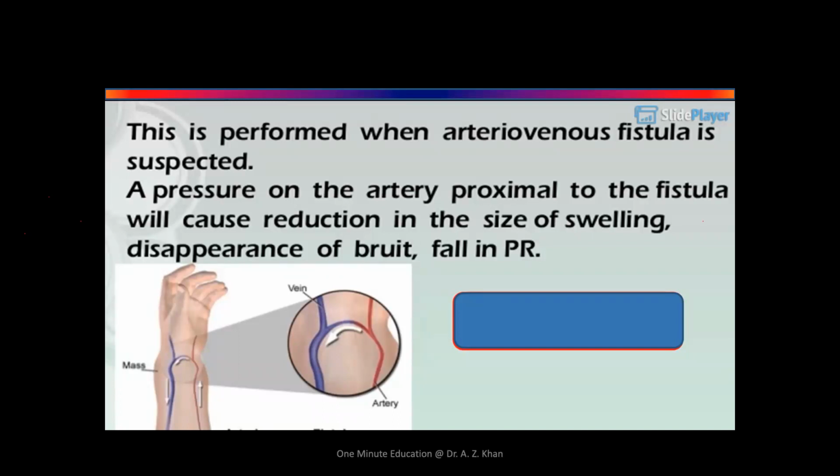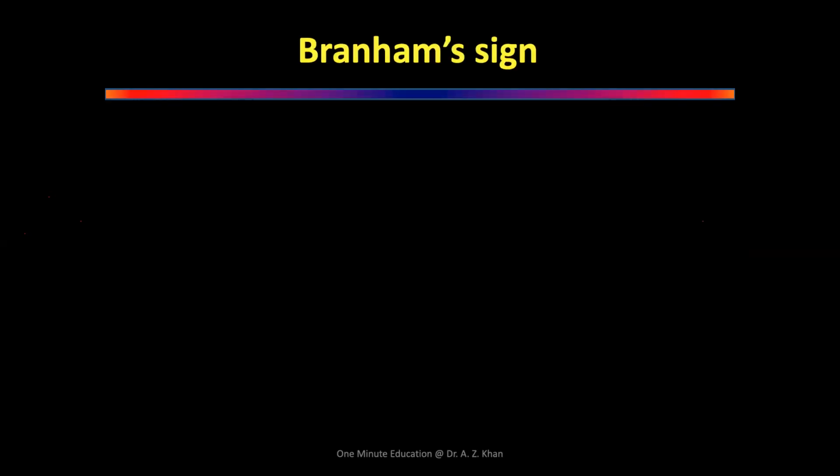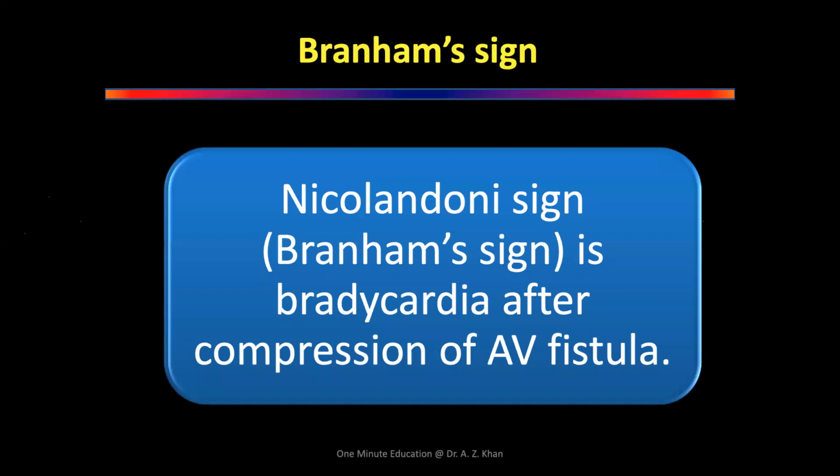Take a mark. I'm happy to give you a mark if you can identify. You saw this slide earlier. And there are two people who have described this test. So this is Branham's sign and also called Nicoladoni's sign. Branham's sign or Nicoladoni's sign is bradycardia after compression of AV fistula.